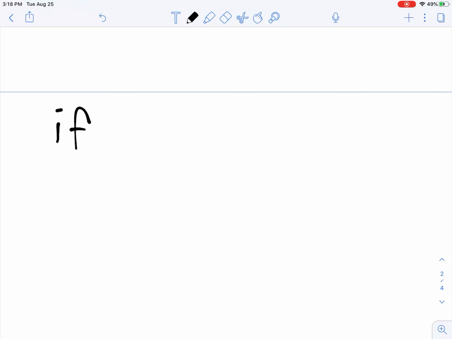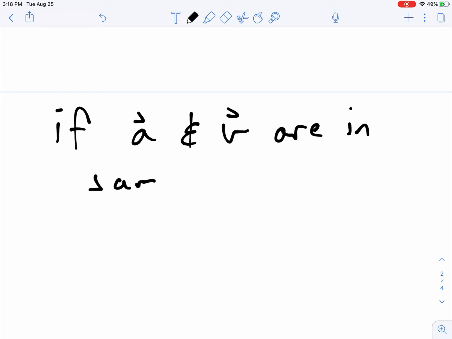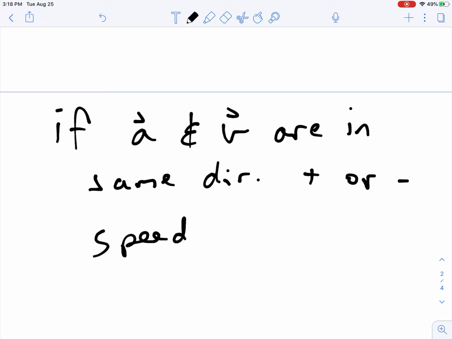If the acceleration and the velocity are in the same direction, and remember that could be positive or negative. If both of them are the same direction, in other words, if both of them are positive or both of them are negative, that means speed up.